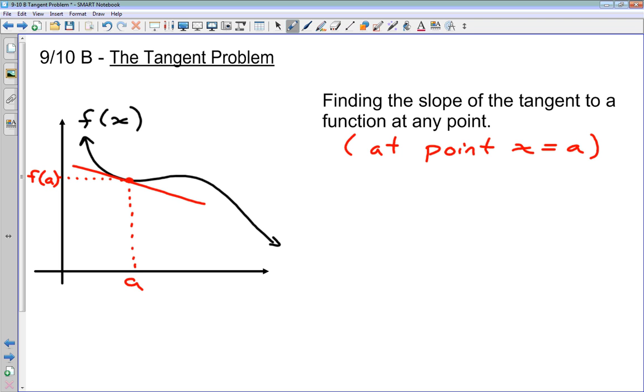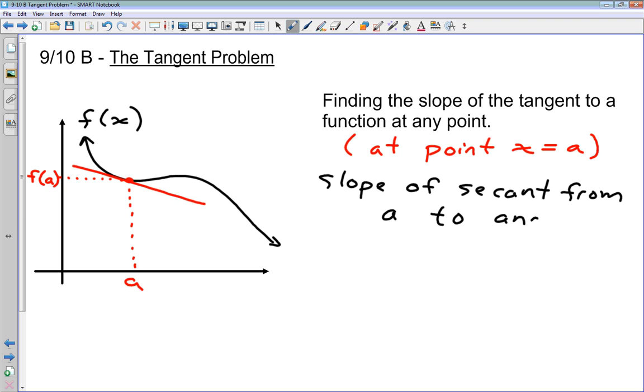Now, how do we find the slope of the tangent, or how do we find an instantaneous rate of change? Well, we want to start by considering the slope of the secant between this point, a, and some other point. So we want to find the slope of the secant line from a to some other point, which we are going to call x.